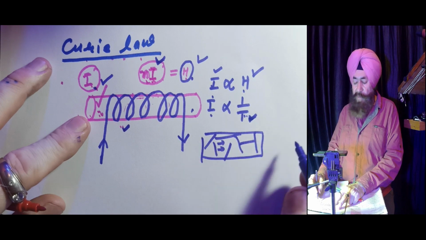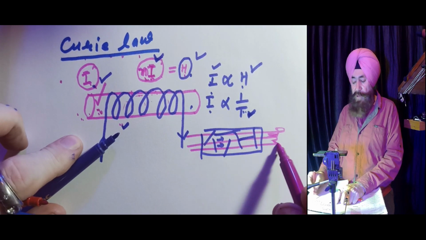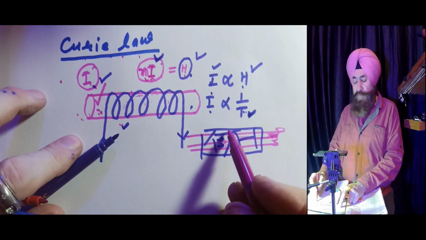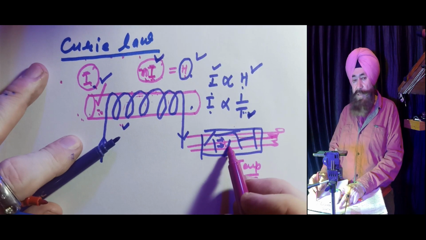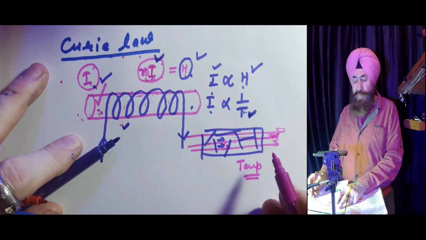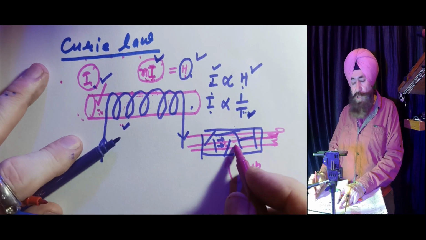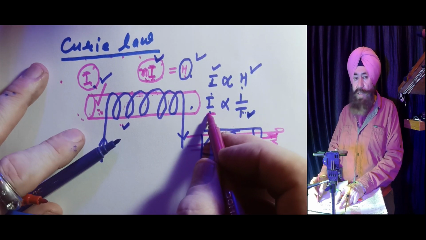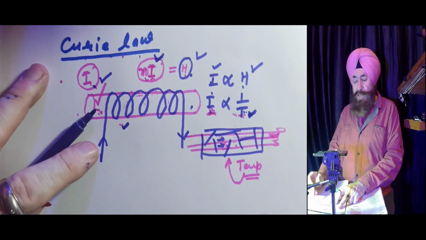When I apply an external magnetic field, the domains align along the direction of the field. But if the temperature is high, there will not be proper alignment of the domains along the direction of the field. Temperature plays an opposing role to developing the intensity of magnetization. So I is inversely proportional to temperature.